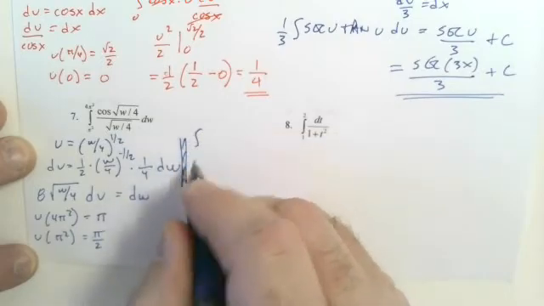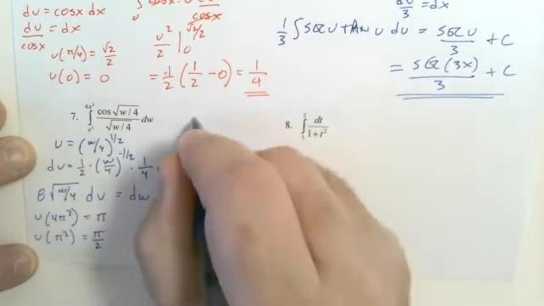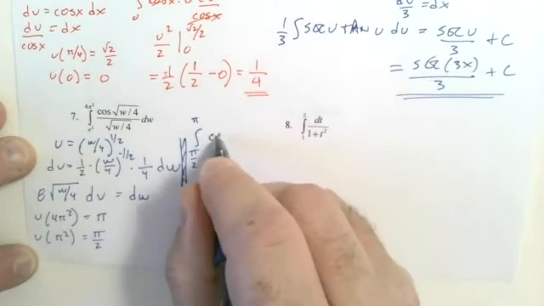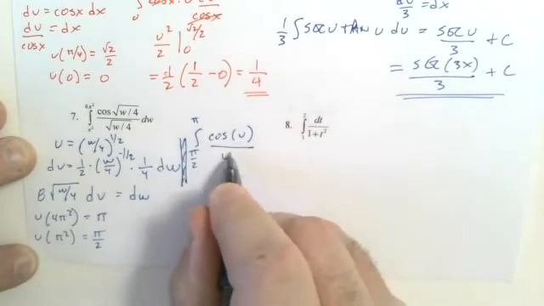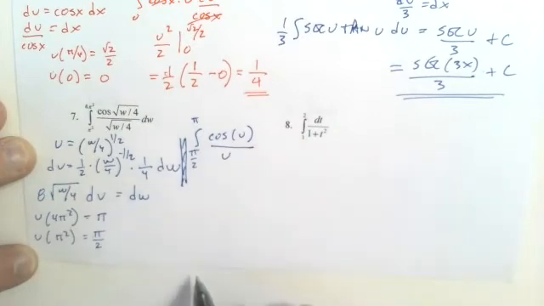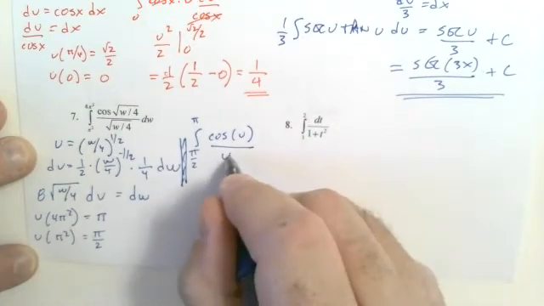Integral from pi over 2 to pi, cosine of u over u. Now leave it a square root.